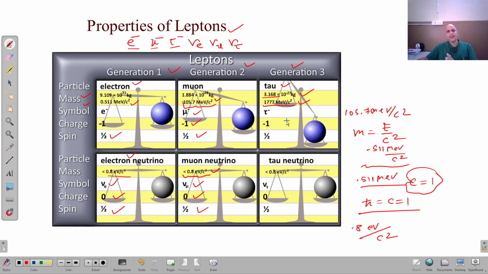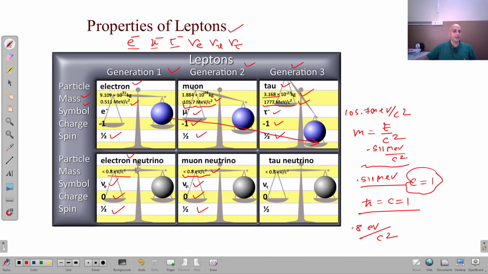Its charge is negative, spin is half. And as you proceed toward this side, the mass is increasing, so it is very heavy as compared to this one.